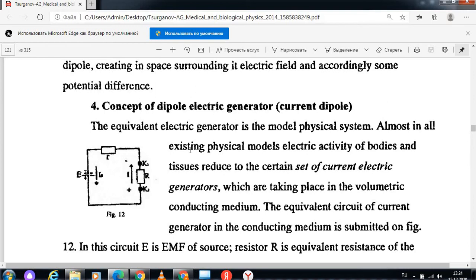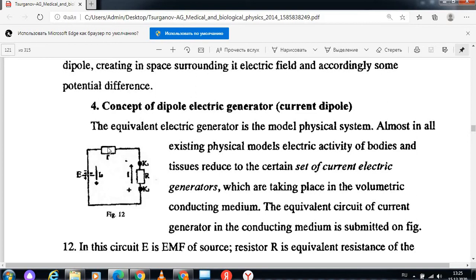The equivalent circuit of the current generator in the conducting medium is submitted in figure 12 here. In this circuit, E is the EMF of the source, the electromotive force of the source.